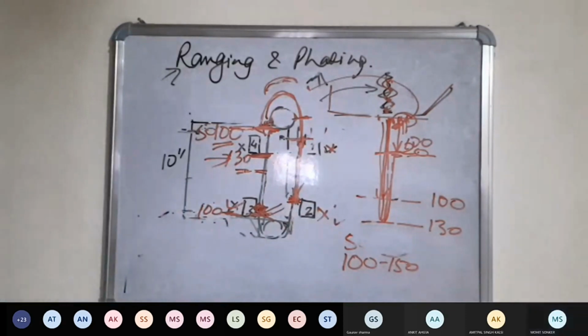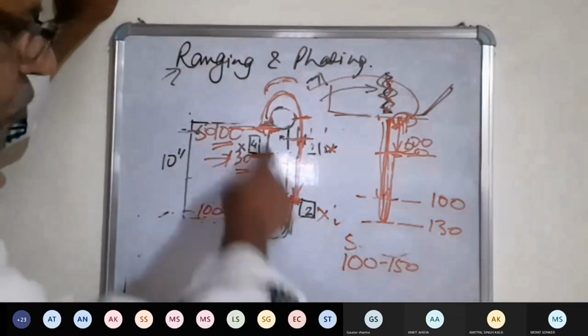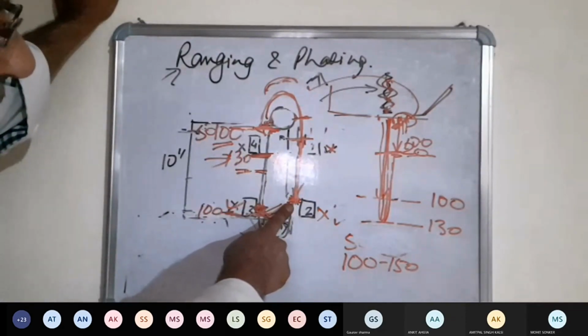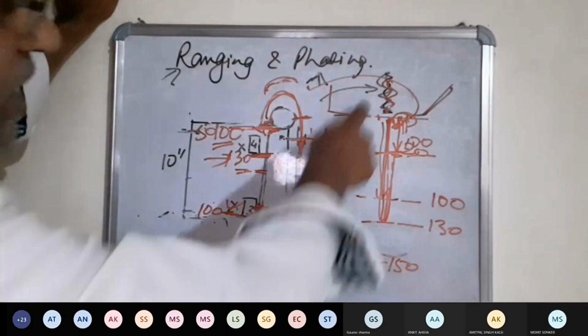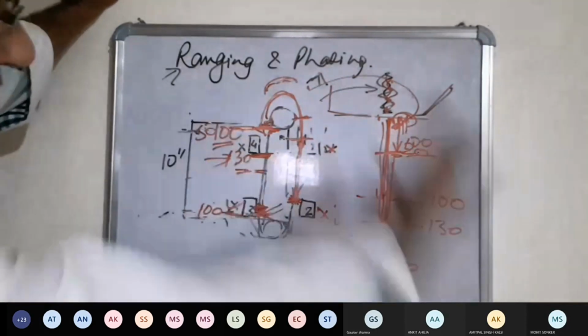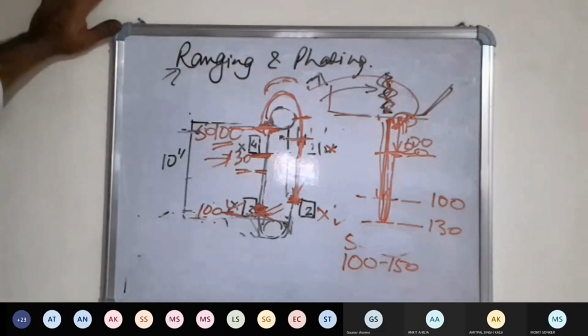By the upper limit of the previous range. How it is done? By placing sensors around the belt. On the belt there is a magnet. When the magnet passes near the sensor which is in action, so transmission takes place. And that we have seen how it is working. So we are good. What is ranging and phasing?